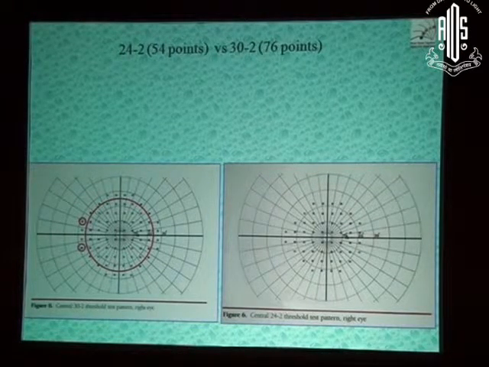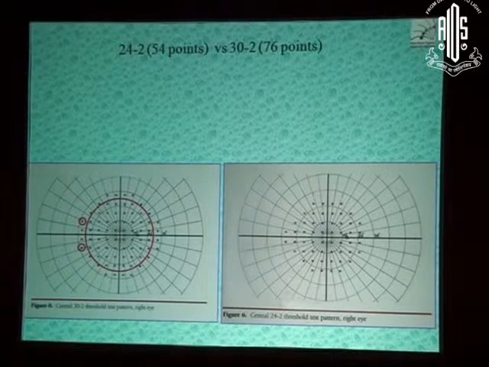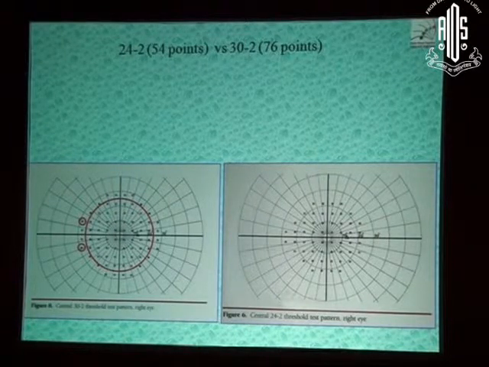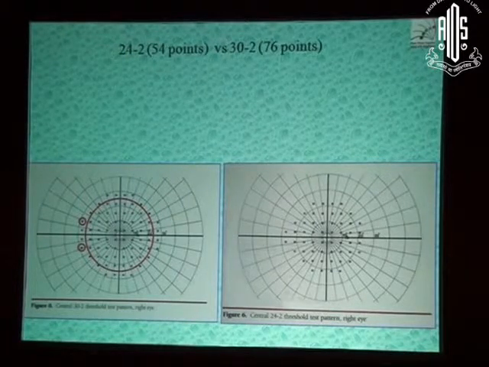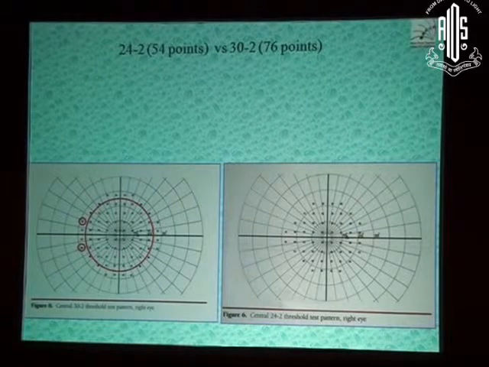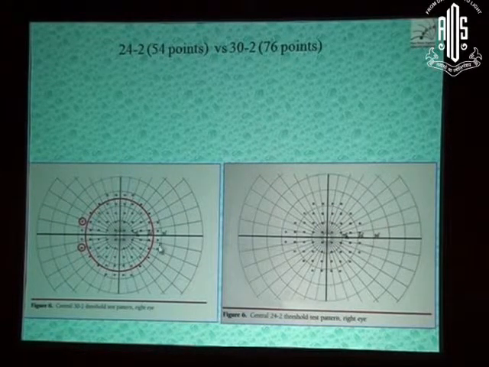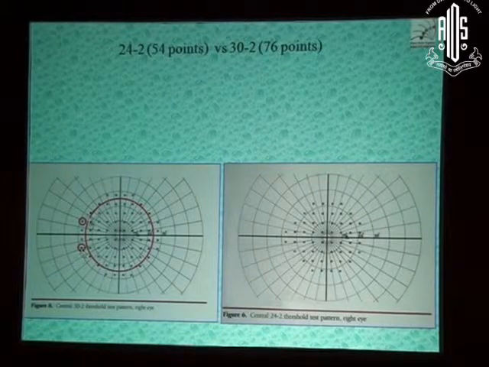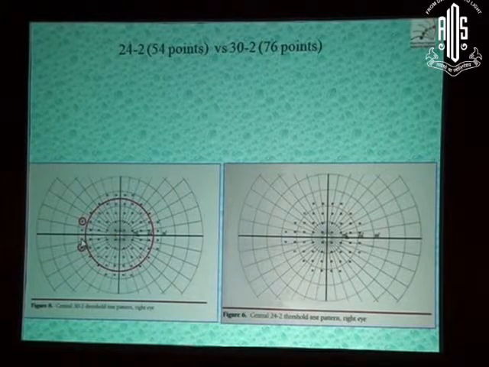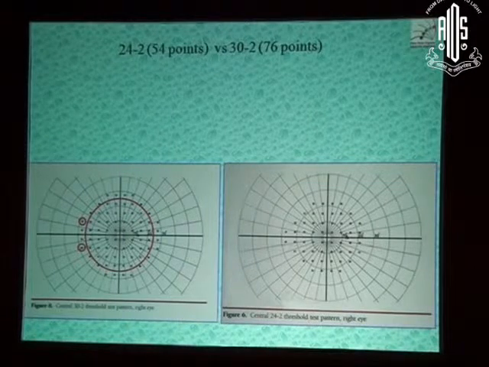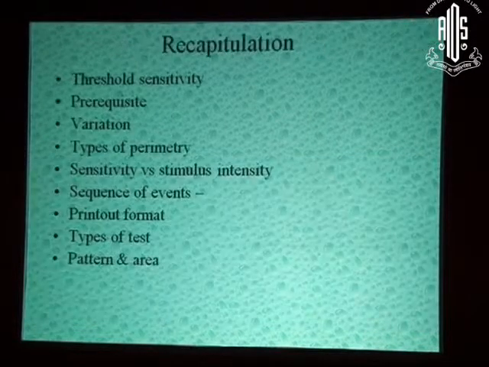Sometimes somebody prefers 30-2, but we prefer 24-2. Why? It is 54 points in 24-2. Basically, it is time management. It decreases the overall time the subject needs to perform this perimetric test. In 24-2 the peripheral points are eliminated, but the 2 nasal points are there, because the nasal points are definitely important in glaucoma management, that I will tell you later on.